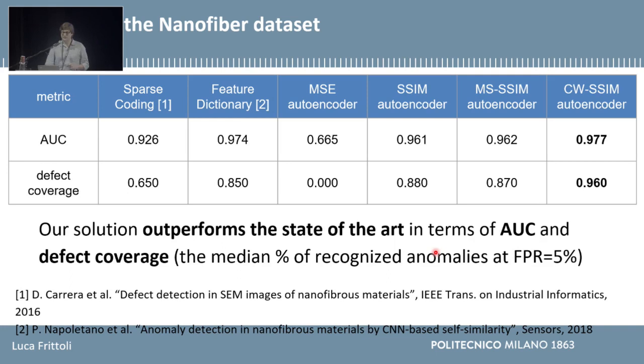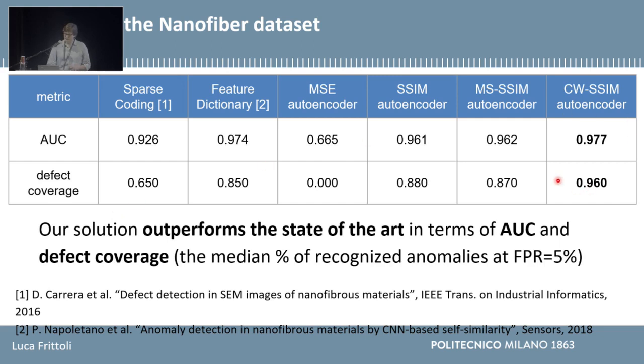Let's start from the results on the Nanofiber dataset. Here we measured the anomaly detection performance by the AUC, which is quite standard, and we also use the defect coverage, which is basically the median proportion of the recognized anomalous regions when setting the false positive rate at 5%.